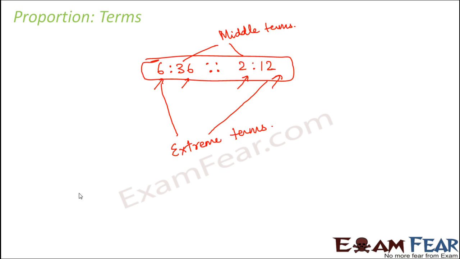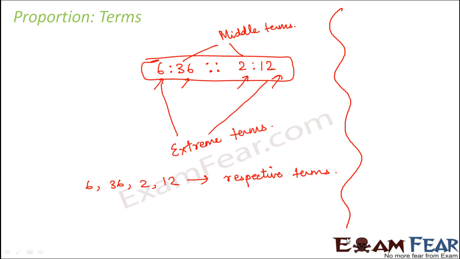Now these numbers, 6, 36, 2 and 12, are called respective terms when they are placed in the appropriate order. That means these quantities are taken in order. So if I say that 6, 36, 2 and 12 are respective terms in a proportion, that would mean that 6 and 12 are the extreme terms and 36 and 2 are the middle terms in a proportion.